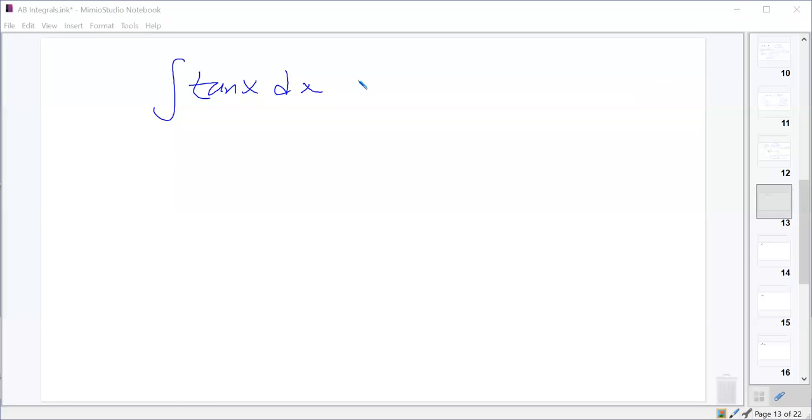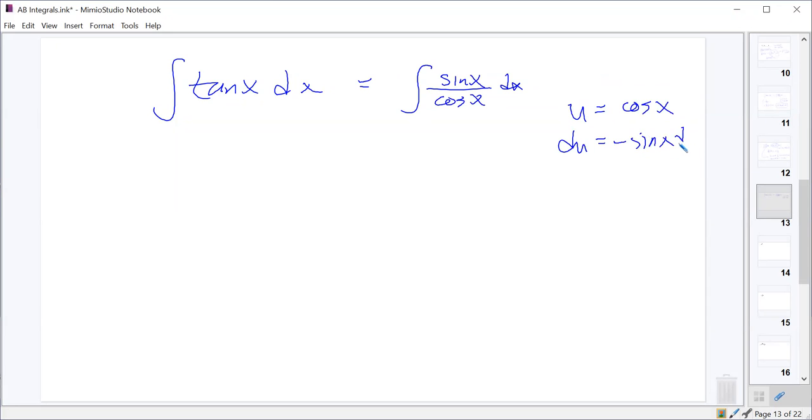So what'd you do? You wrote it as, hopefully, an integral of sine x over cosine x dx. And what was your U substitution? U equals cosine x. All right, U equals cosine x, which makes du what? Negative sine x dx. Negative sine x dx.